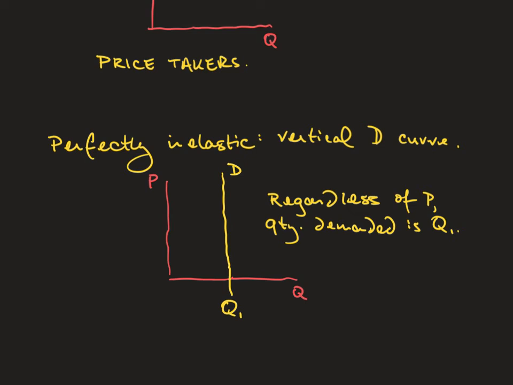So I've talked about this elasticity and some of the implications of inelastic and elastic demand. Now I'm going to talk about circumstances under which we would expect demand to be one way or another.